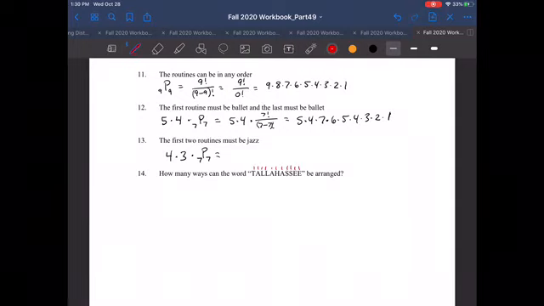We have 11 letters. Whenever we pick them out, we're not going to put them back in. So I have 11 times 10 times 9 times 8 times 7 times 6 times 5 times 4 times 3 times 2 times 1. Those are all my choices. So I have an 11 factorial there for the number of ways that I can arrange it.